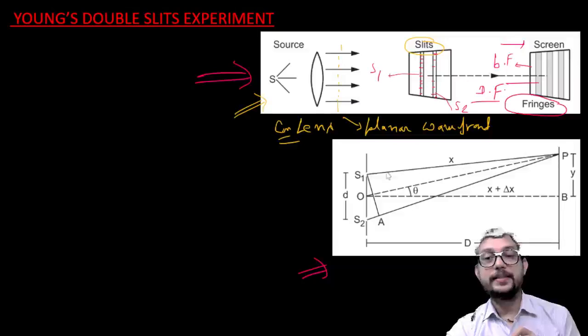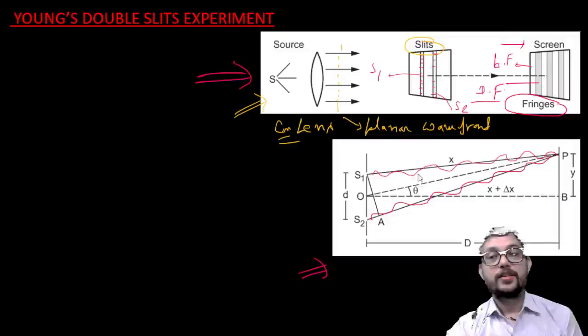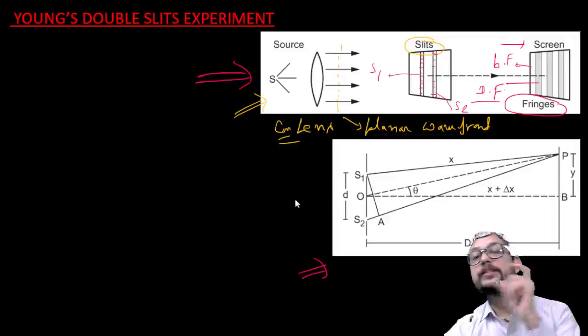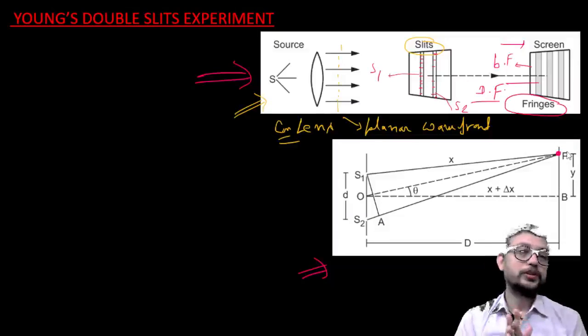Your first wave is coming from S1, and the second wave is coming from S2. So I hope this is clear now. These two waves are superposing at the point P.